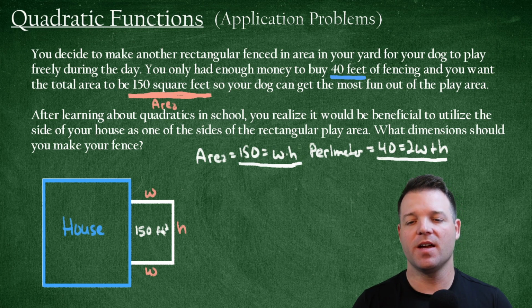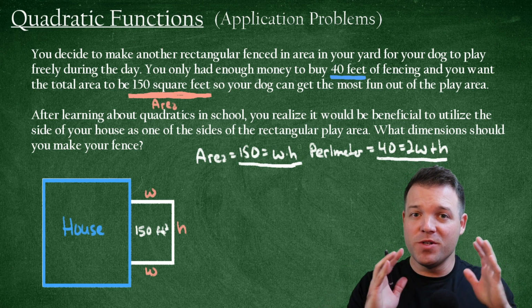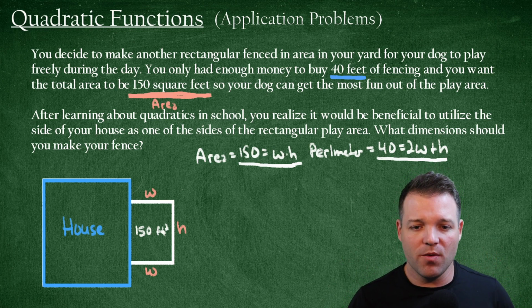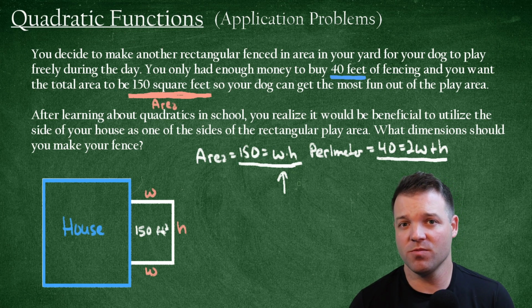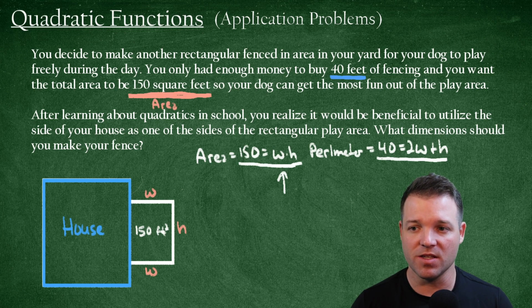Now, we can't really get a quadratic equation if we have two different variables. So instead of W times H, I want W times some other expression with a W in it, or H times some other expression with H in it. So what we can do is utilize this perimeter over here to solve for one of our variables and then plug it in over there.